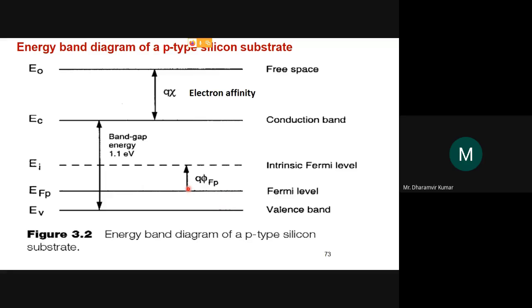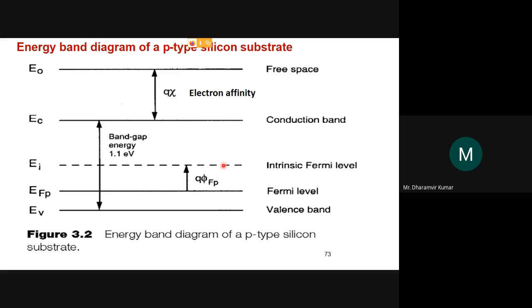So there is still some gap between this Fermi level, formed because of the addition of the impurity atoms, and the intrinsic Fermi level that is present at the middle of EC and EV.